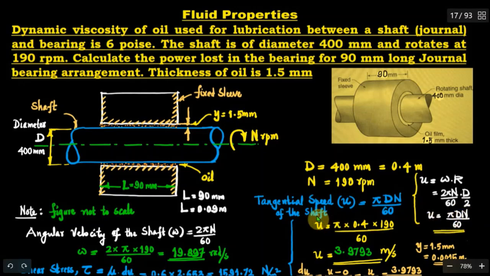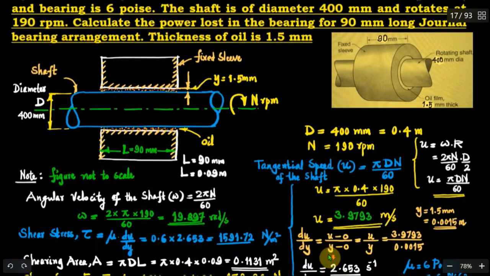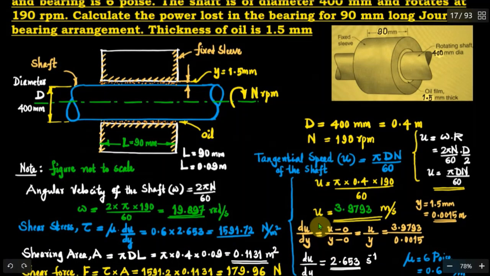This is the peripheral or tangential speed of the shaft. So the fluid layer close to the shaft will have this speed. Now you can calculate that. U is equal to pi into d, the diameter, 0.4 meter, into 190 divided by 60. So you will get the tangential or peripheral speed of the shaft as u equal to 3.9793 meter per second.